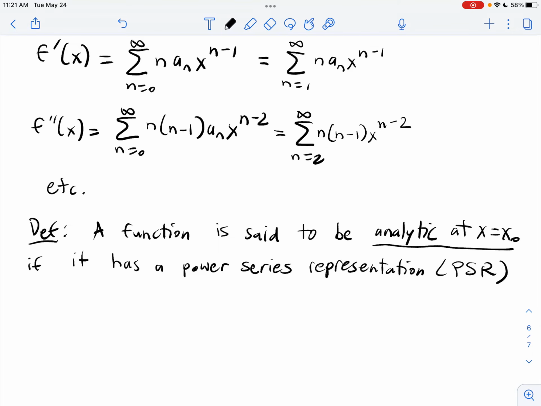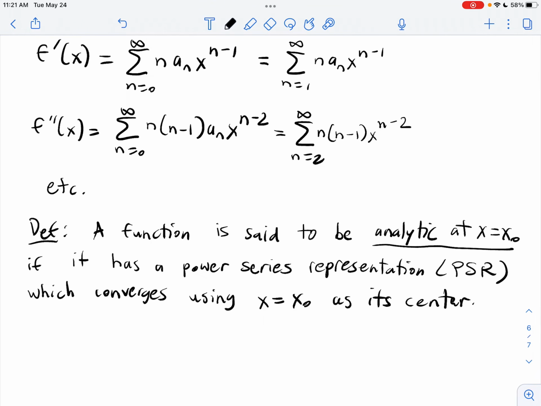So just to remind you of that, power series representation which converges using x equals x naught as its center, with ROC not equal to 0. That's an important fact. So sorry, that's all one sentence.